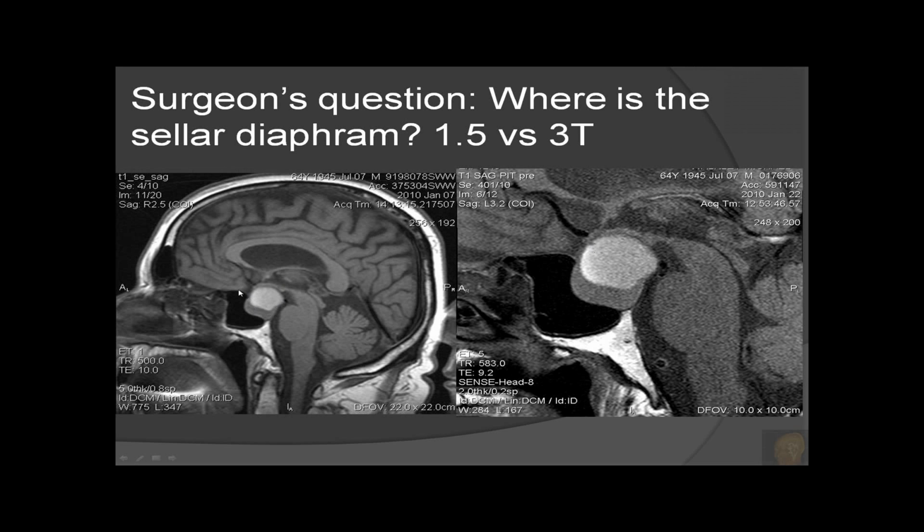It's hard to tell from 1.5 Tesla low resolution. Now you have a better resolution telling the anatomical location of the lesion, and the surgeon will decide how to operate. Therefore, he will avoid surgical complications, and no surprises during the surgery will result in better patient surgical outcomes.